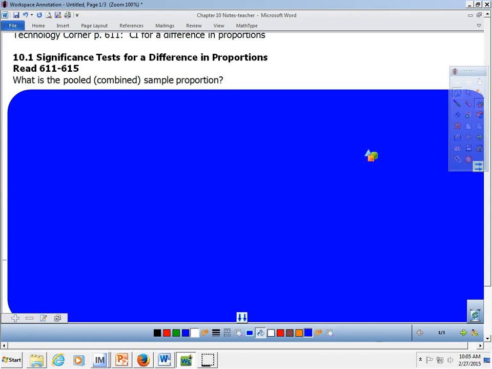I want to continue talking about our inference procedures when we're interested in the difference in the proportions of two groups or two populations. We want to compare two groups or two populations, and again, it's very often that we want to do that.